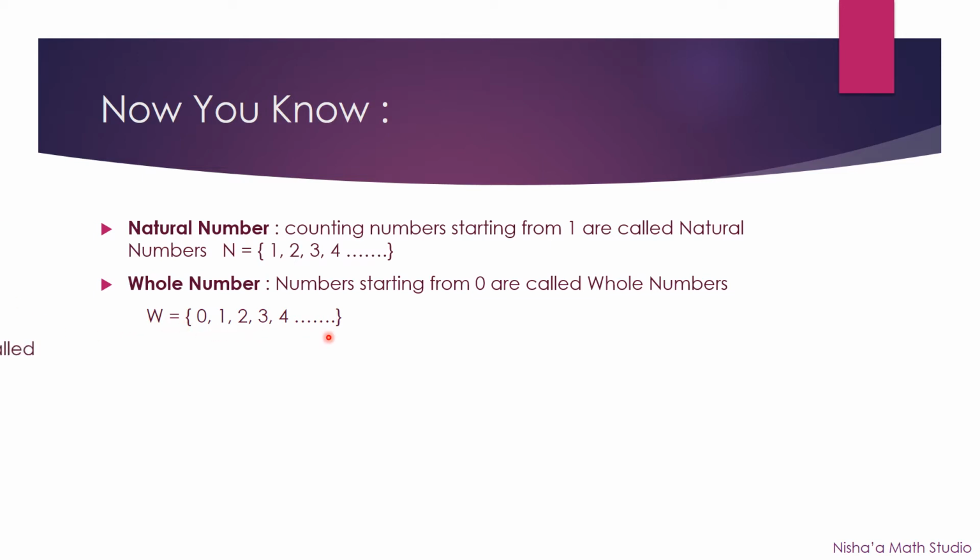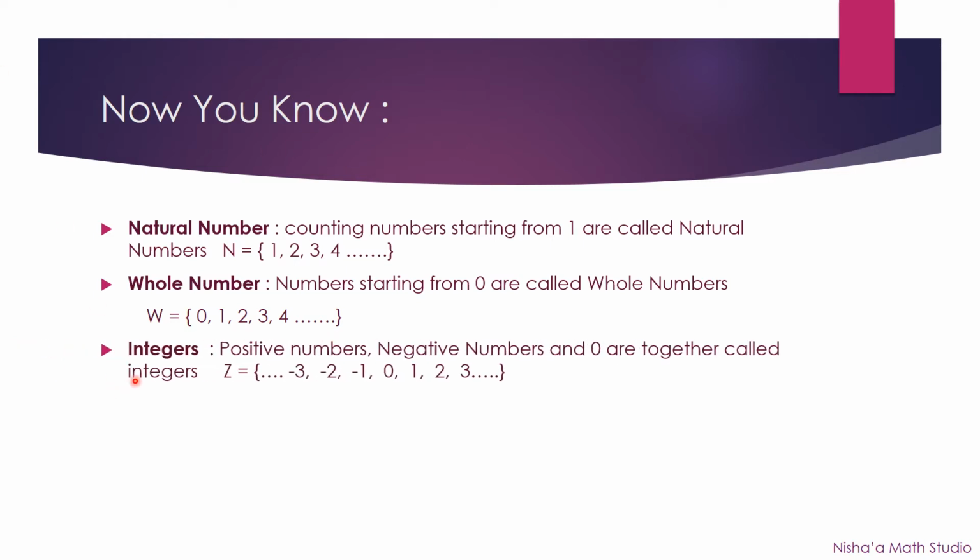They are also endless. The positive integers, negative numbers, and 0 are together called integers. There is no end or starting for integers: -3, -2, -1, and before this you have all the negatives, and 0 in the middle. Then you have 1, 2, 3, and so on.